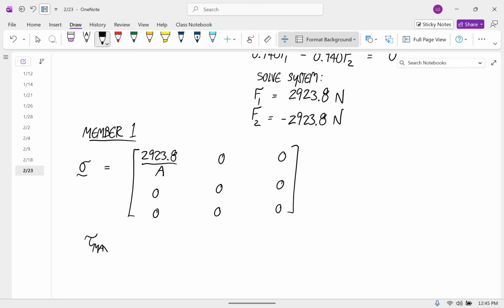So we can use that to calculate the maximum shear stress. So tau max is equal to 2923.8 over A minus 0, all divided by 2.